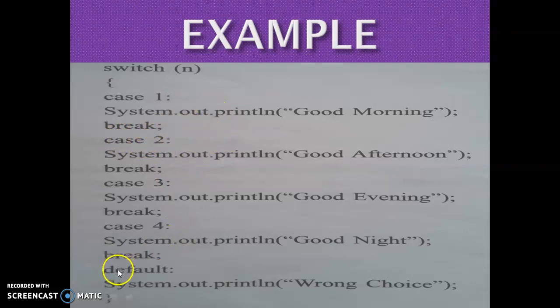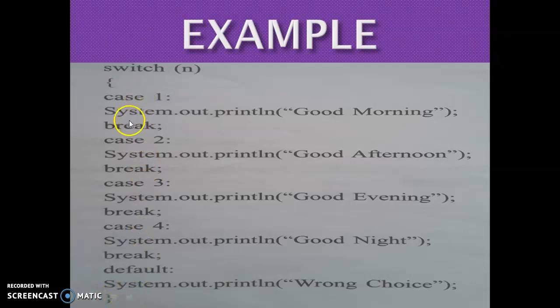Another thing, at last I use one default statement, System.out.println wrong choice. What is the use of this default statement? That also I will explain later in this video. All of this switch is inside one single bracket: here is the opening bracket, here is the closing bracket of switch.